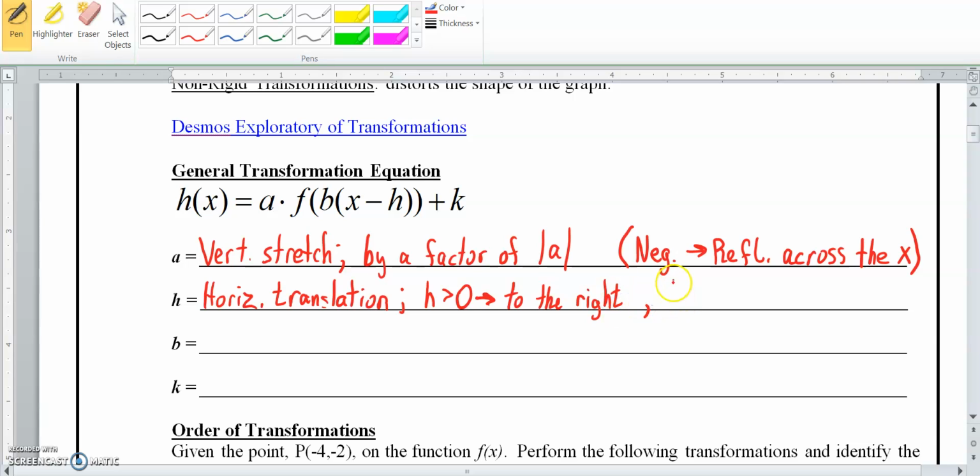And if H is less than 0, whoop, I said less than or equal to, that is not right. If it's less than 0, then we go to the left.